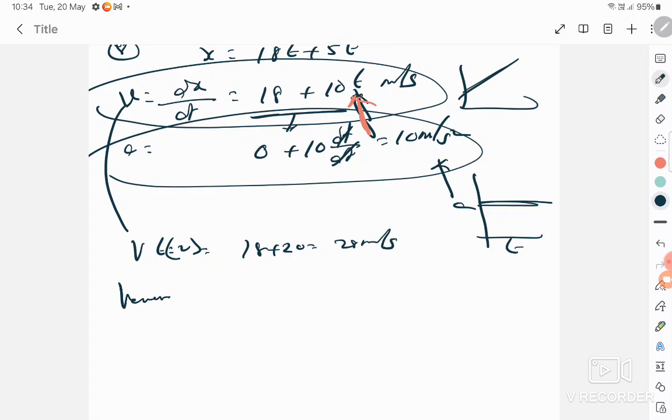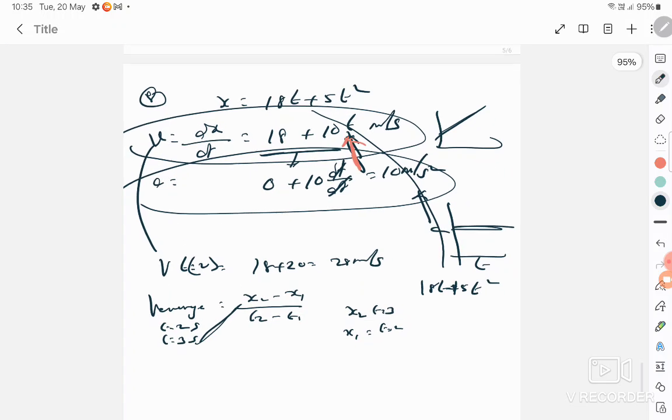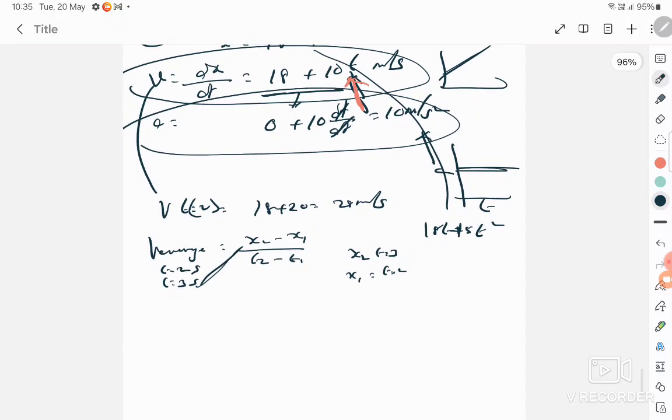They're asking you average velocity. The average is always x2 minus x1 by t2 minus t1. Between time t equal to 2 seconds and time t equal to 3 seconds, x2 stands for time t equal to 3 seconds and x1 stands for time t equal to 2 seconds, and take the x values 18t plus 5t square and substitute t as 3 and t as 2.